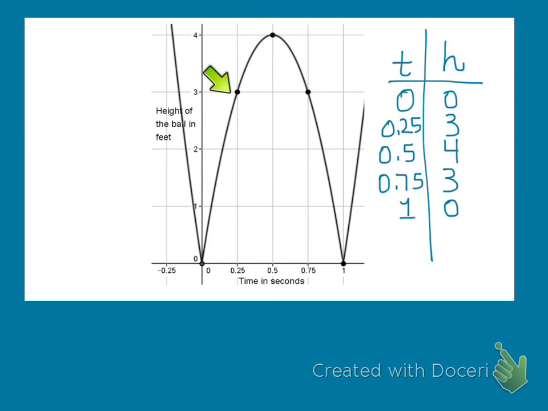So here's the same output for different inputs, but you can see why this makes sense because the ball's coming back down. And then here we have an output repeated again. At 1 second, the ball hits the ground again, so the height is 0. So here we have outputs repeated, but every input has exactly one output.